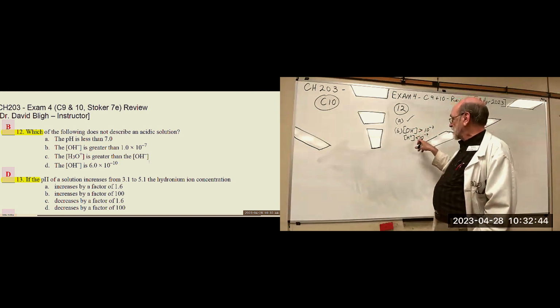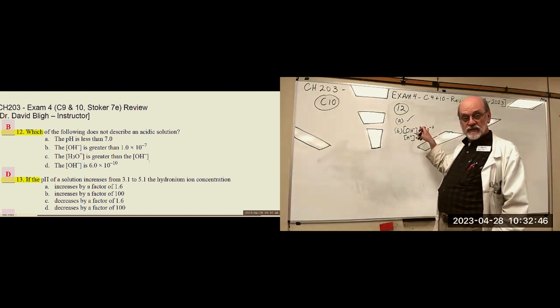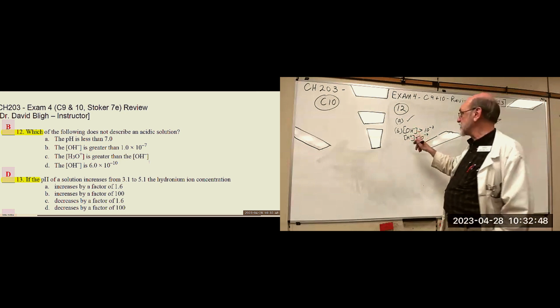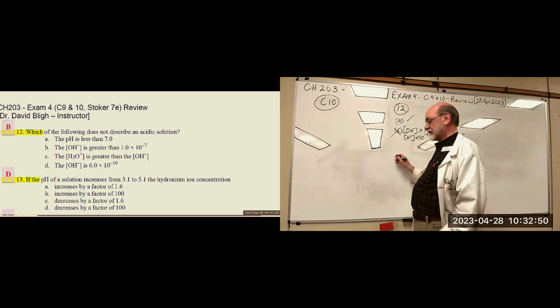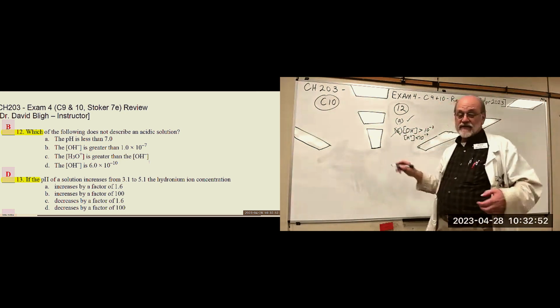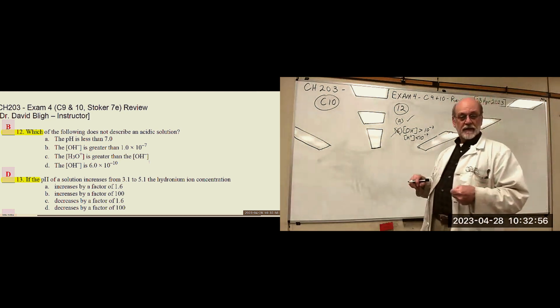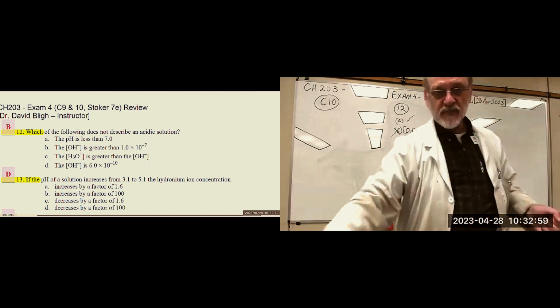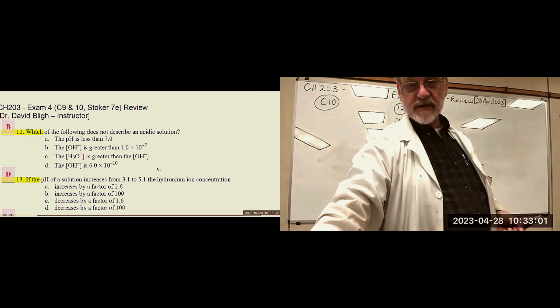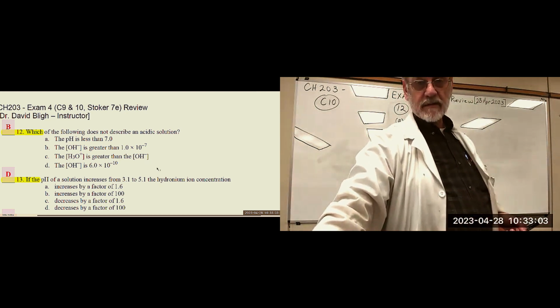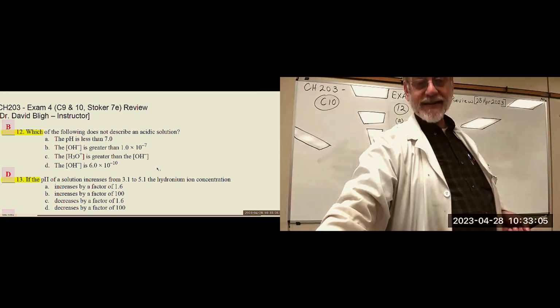So that means the balance is toward hydroxide, which makes it basic. This is not acidic. And we found our answer, really, because we don't have any oddballs in there. We can look at the others and prove to ourselves that that one is the only one that is not acidic.